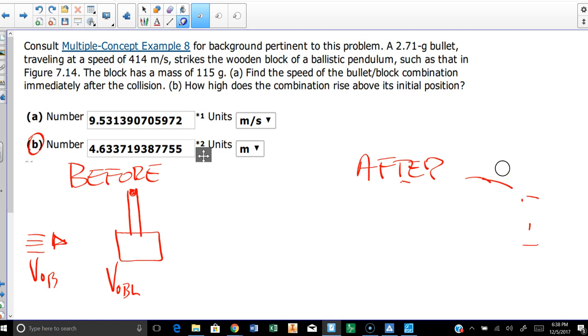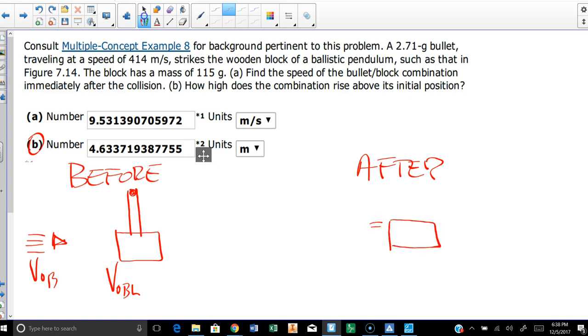After the collision, immediately after the collision, that block has a velocity as well. There is a final momentum, which in this case would combine the block and the bullet.